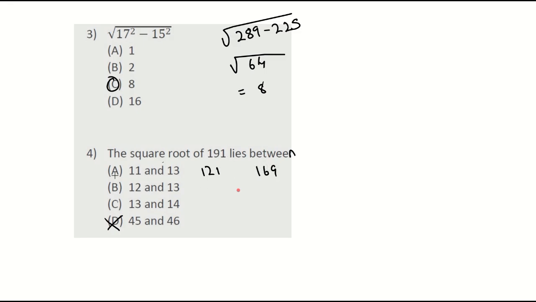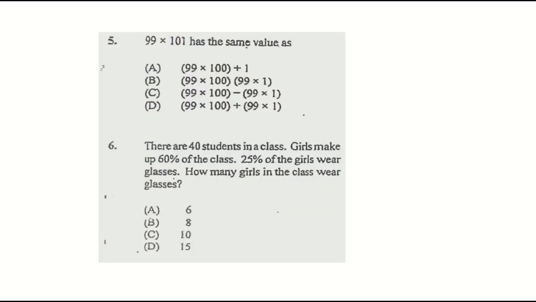Does 191 lie between that? No. This is 144 and 13 squared is 169. Again, no. But C, which is 169 and 196, 191 lies between those two numbers, so we know the answer would be C.